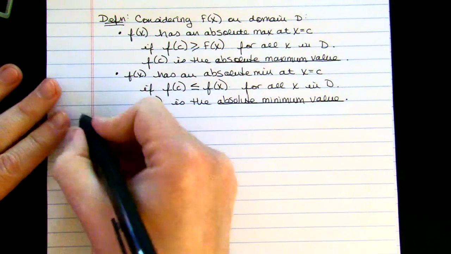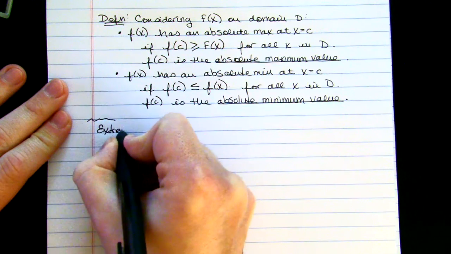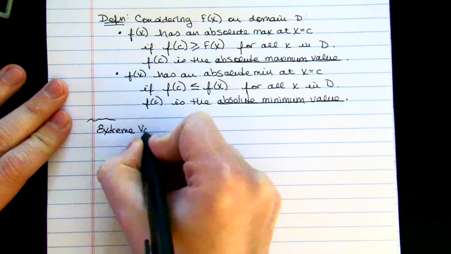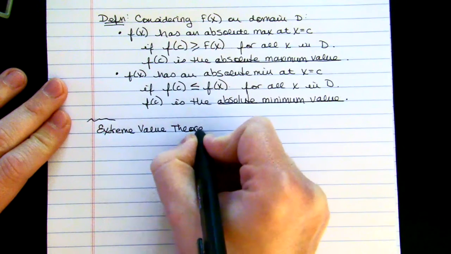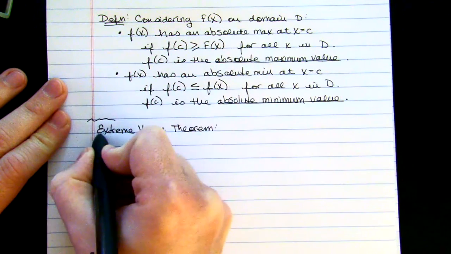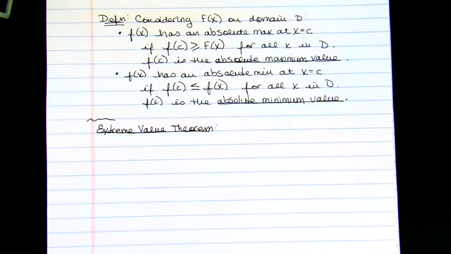There is a theorem called the extreme value theorem, which guarantees under certain conditions our function will have an absolute maximum and an absolute minimum. And you know what?